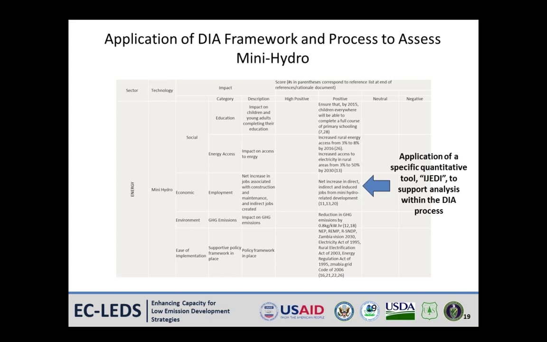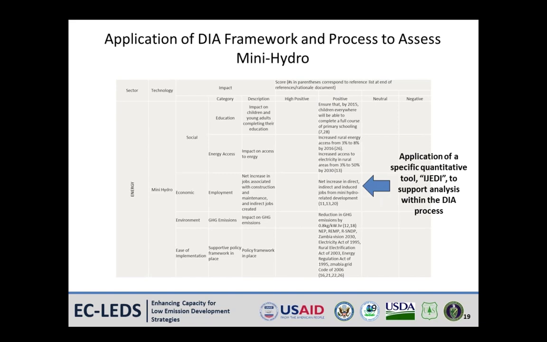Initially, these were sustainable agriculture, sustainable charcoal production and use, integrated waste management, and mini hydro development. But just recently, we finished developing the number on transport.